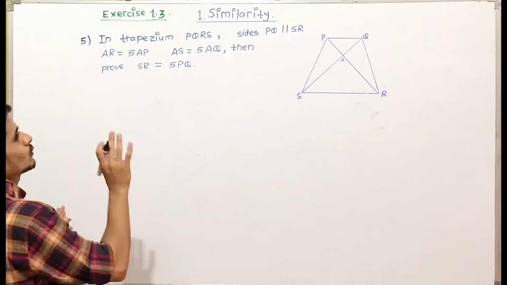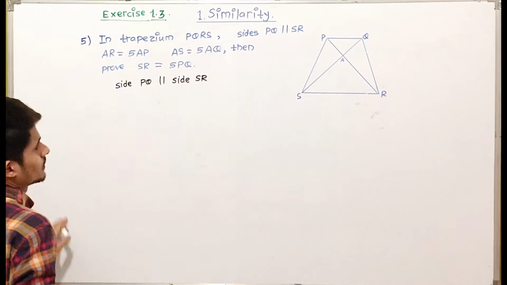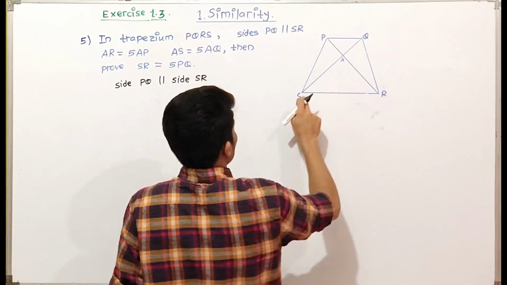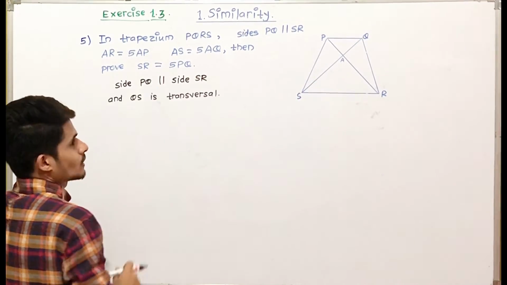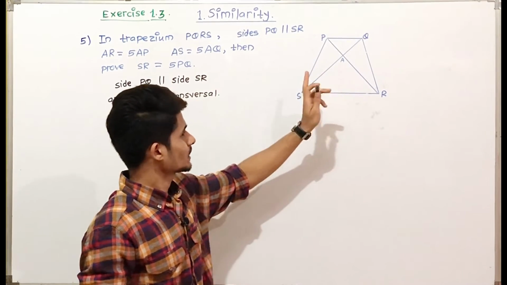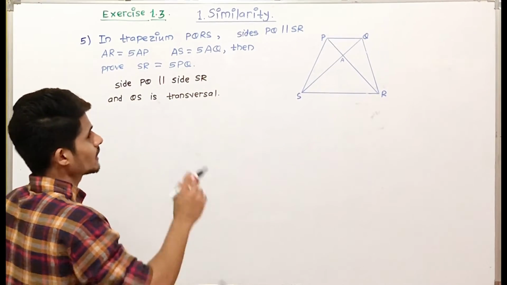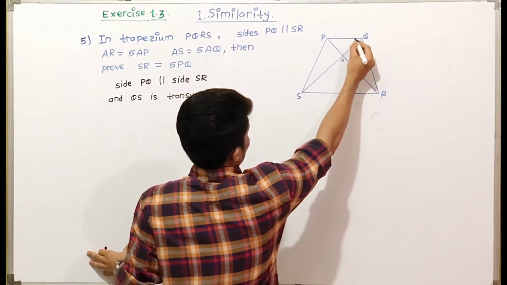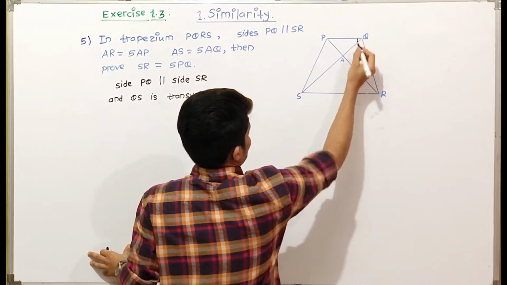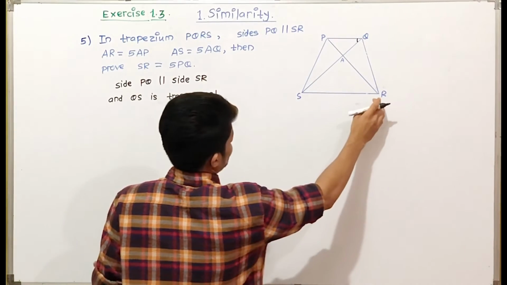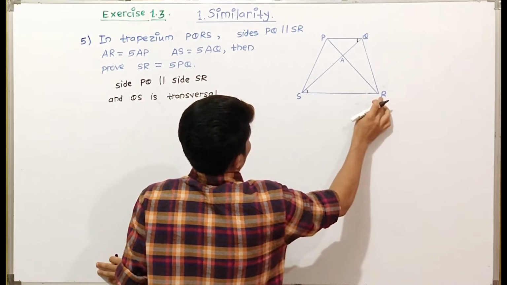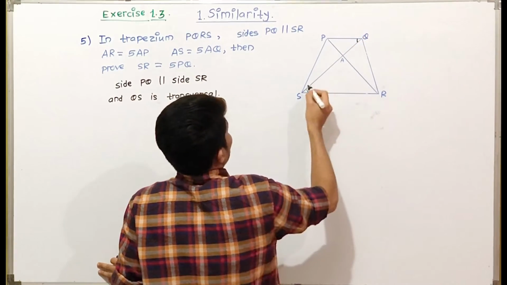Firstly, we have two parallel sides, that is side PQ is parallel to side SR and QS is a transversal. So angle PQS will be equal to angle RSQ. Why?